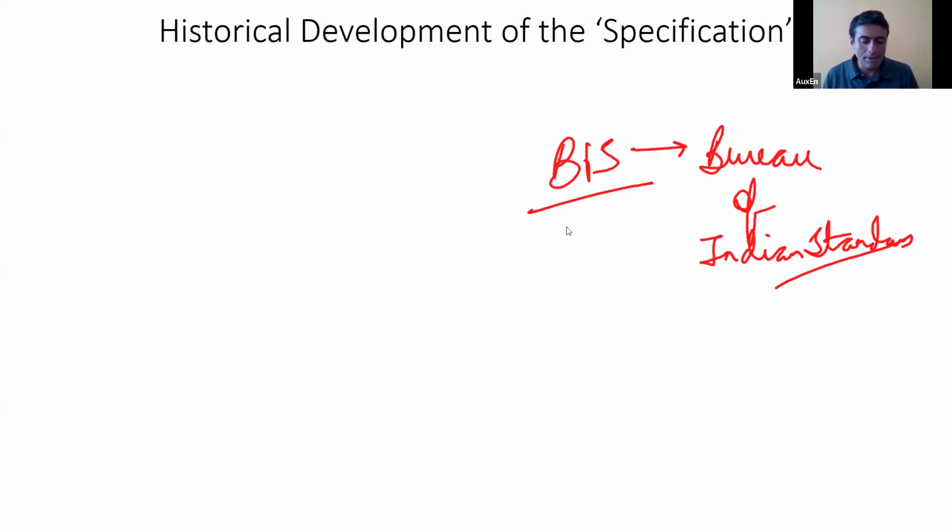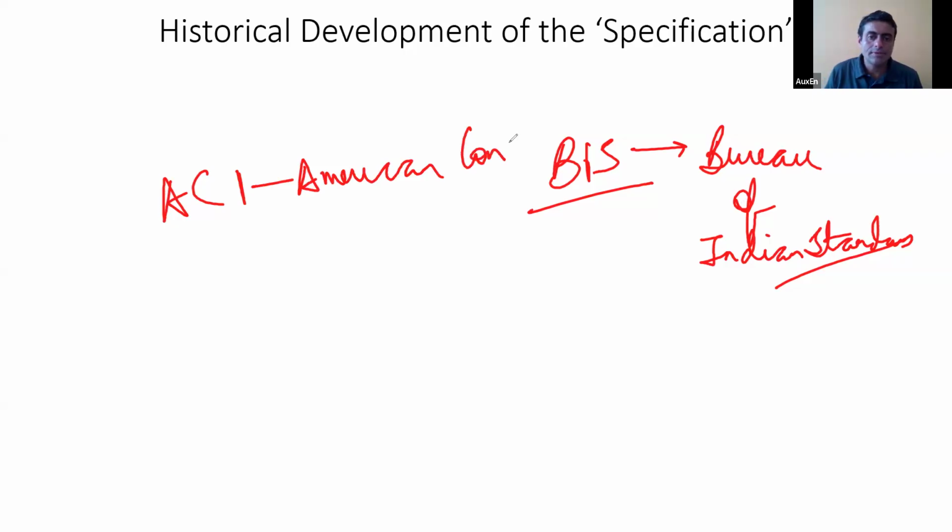Clear? So for example, you have the ACI. ACI stands for the American Concrete Institute. It is a group of concrete engineers and concrete manufacturers which come together and develop their design standards. Is that clear? Similarly, you have the ASCE.